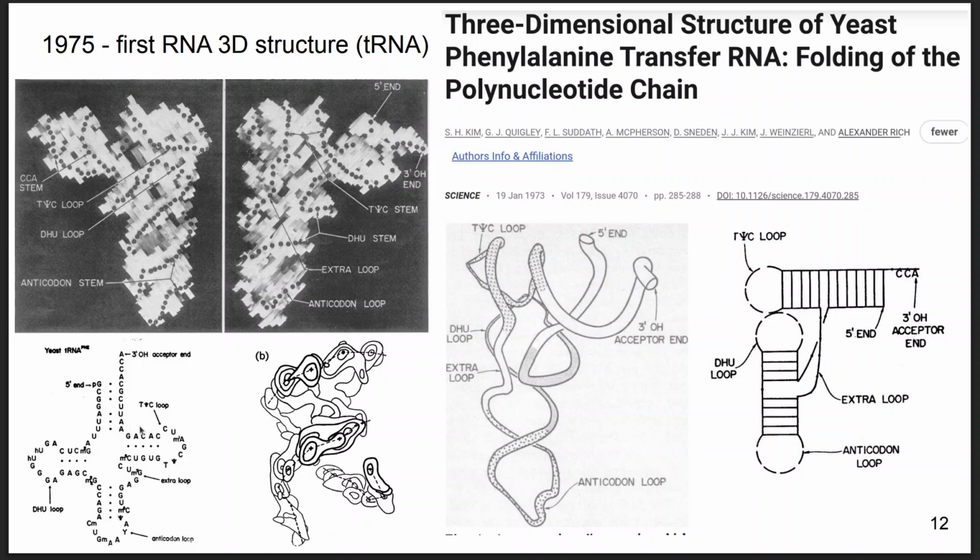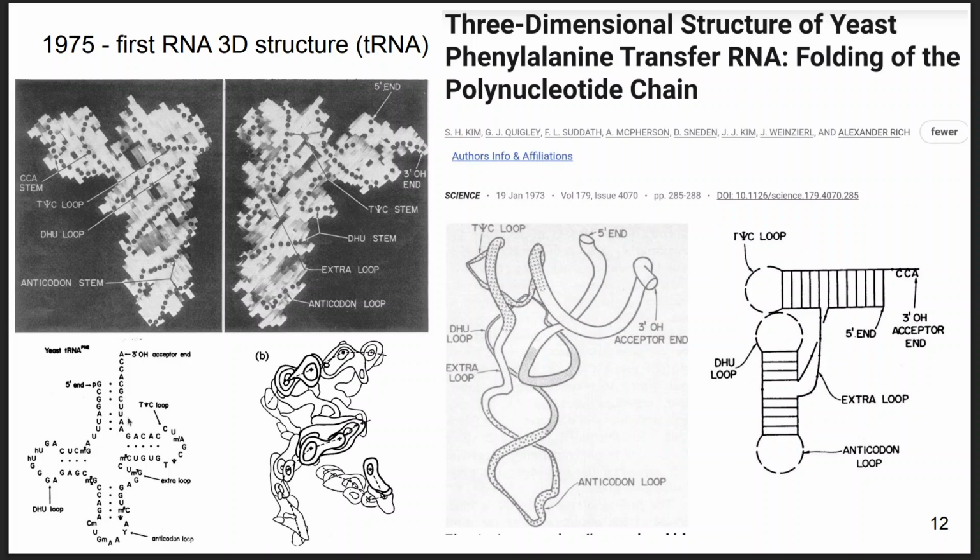This is the secondary structure derived from this density map. People saw that this is indeed the cloverleaf secondary structure. People named this 3D structure form L-shaped, because if you rotate it, it will be an L. It's organized like this.